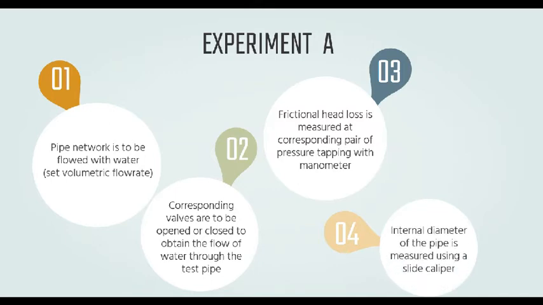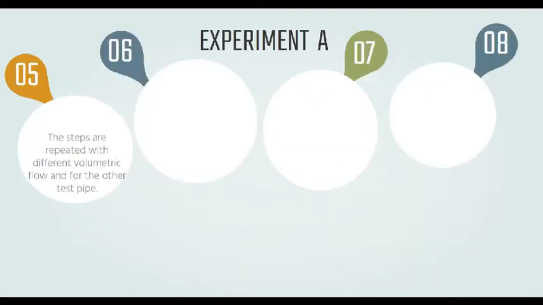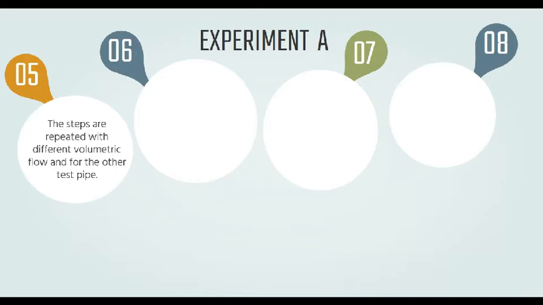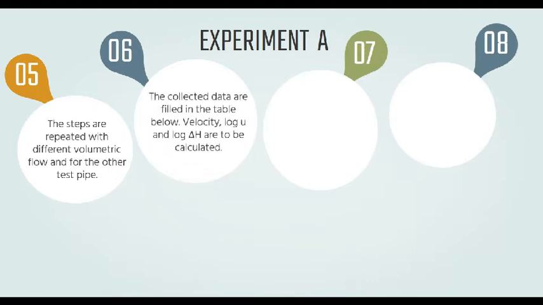Next, the internal diameter of the pipe is measured using a slide caliper. The steps are repeated with a different volumetric flow rate. After we are done with pipe 1, we move on to the other test pipes with the same procedure. And the collected data are filled in the table below.